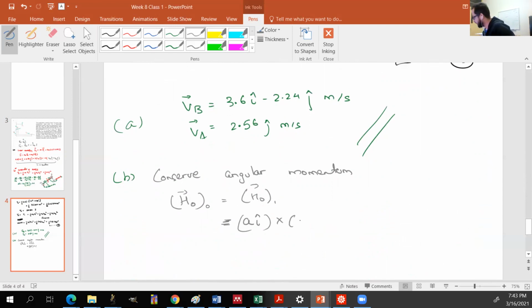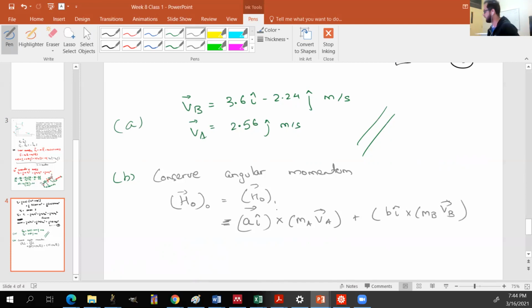So let's just write it out first. It's MA VA, and remember VA is a vector. So this is your angular momentum for A, and then you get the angular momentum for B. B is also in the I hat direction, because it's measured horizontally. So you have B in the I hat direction, crossed with MB times VB.